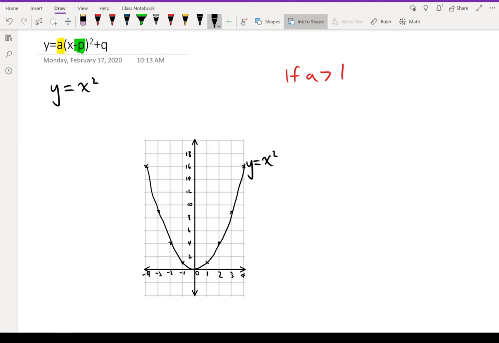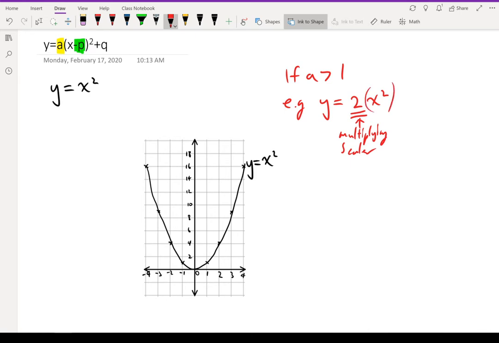So if a is bigger than 1, for example, y is equal to 2x squared. Now my a is 2, and 2 is bigger than 1. This 2 is a multiplying scalar to this whole x squared.